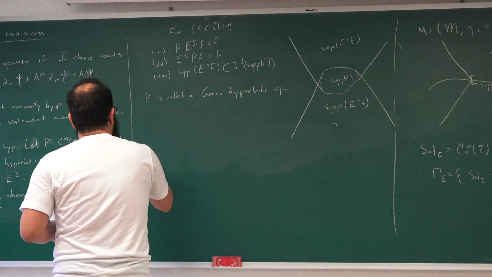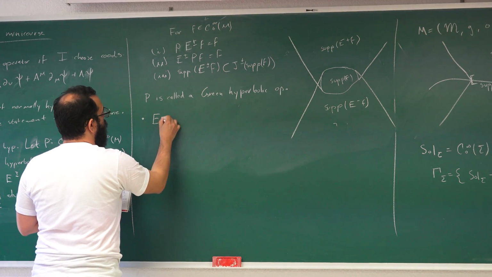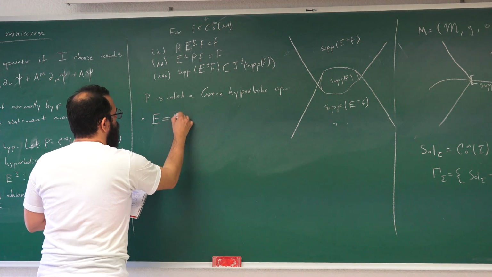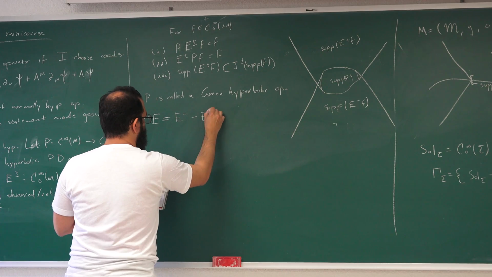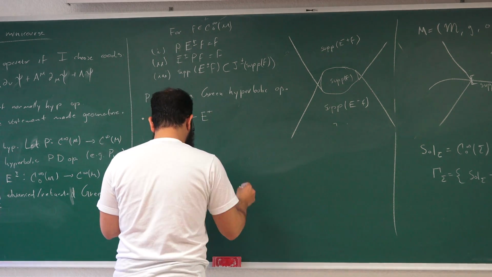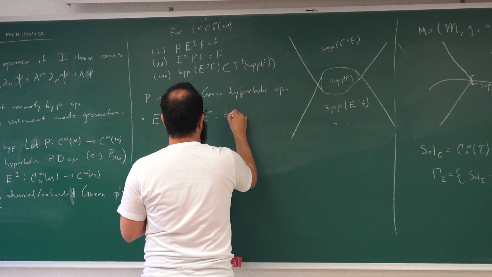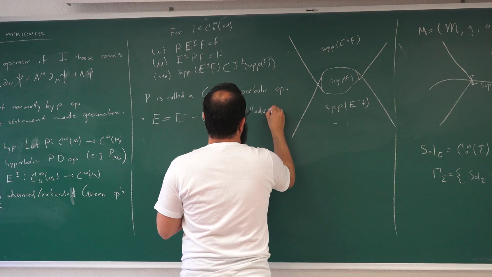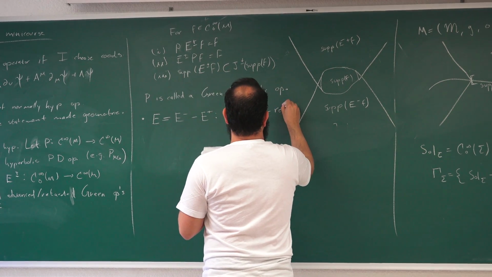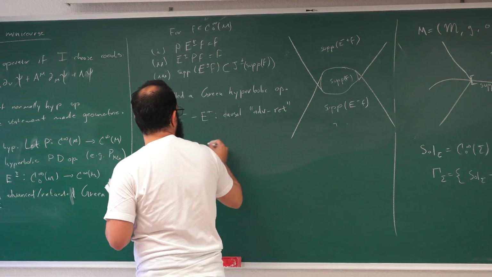Okay. And there's a nice gadget that you can build out of it, which is called the advanced minus retarded causal propagator. So this is called the causal advanced minus retarded propagator.